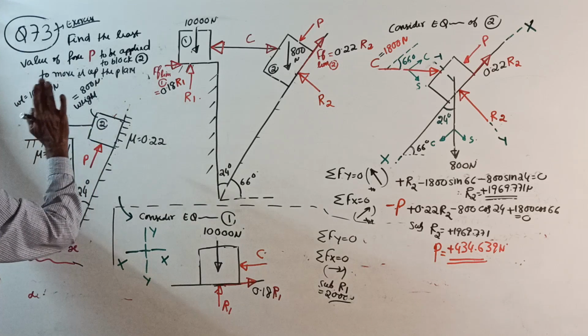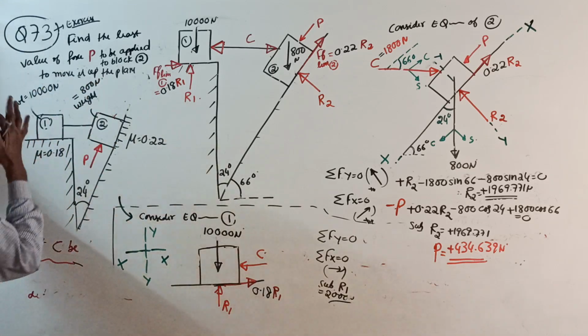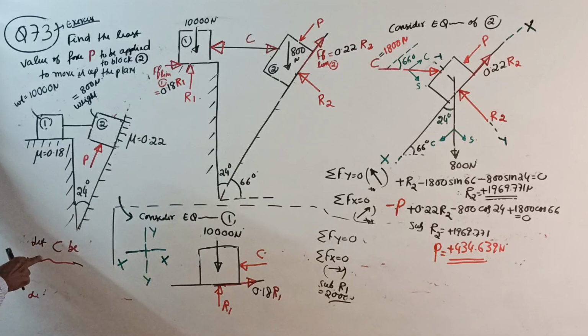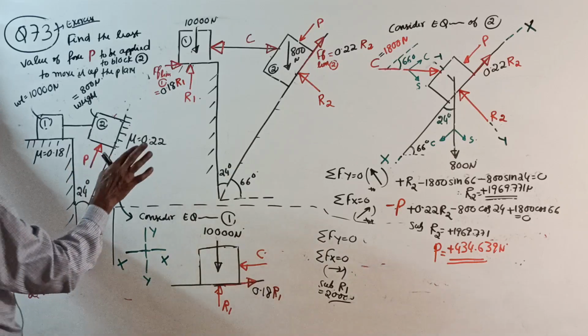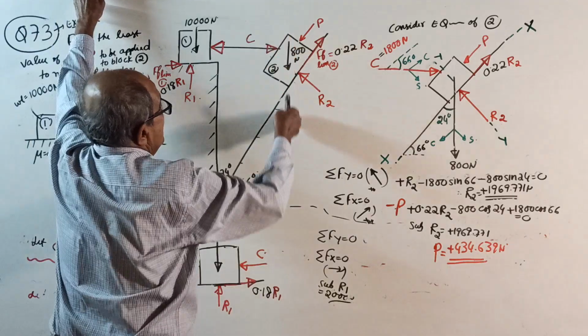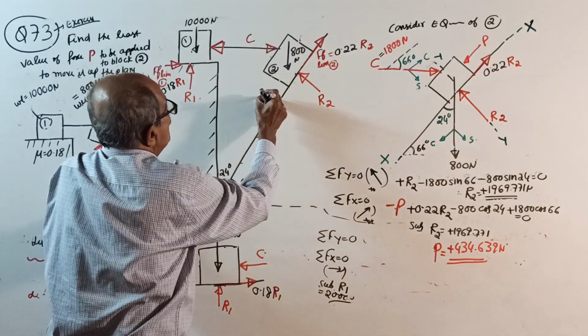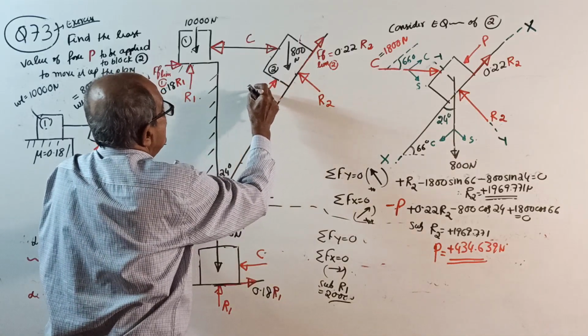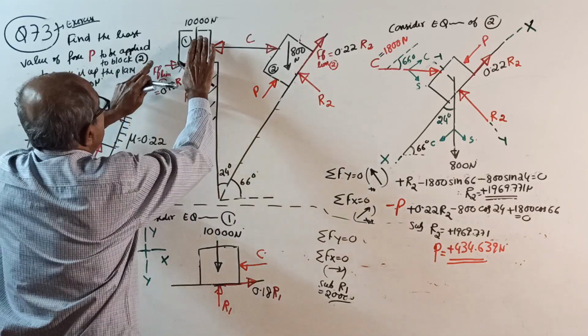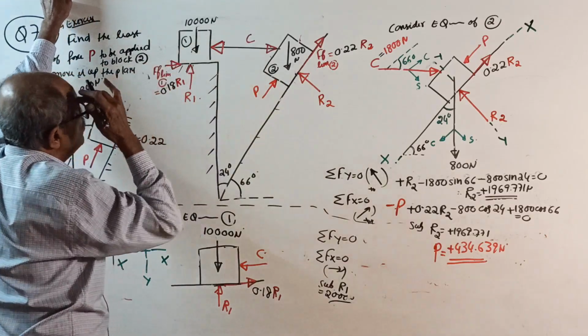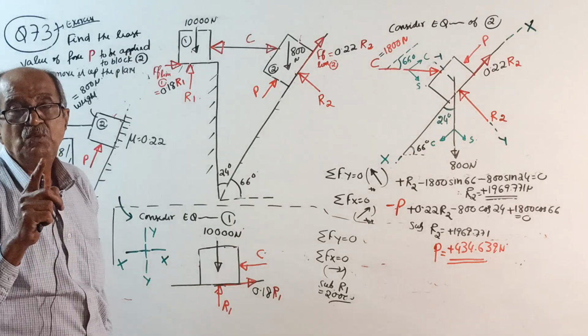Okay, write the question. Everything in the data is the same. Now, very important, write the usual statement. Free body: weight 800, R2, and your P is here now to move it up the plane. Everything else is the same. Now be very careful.